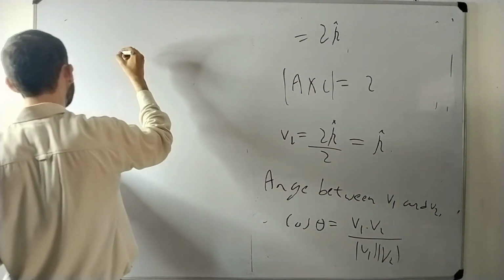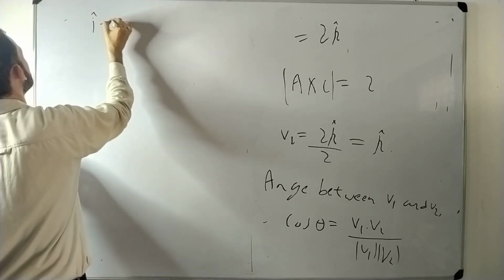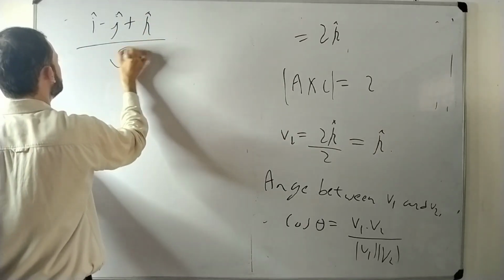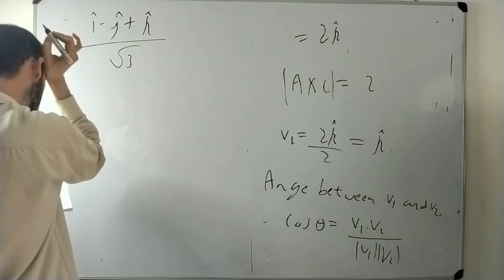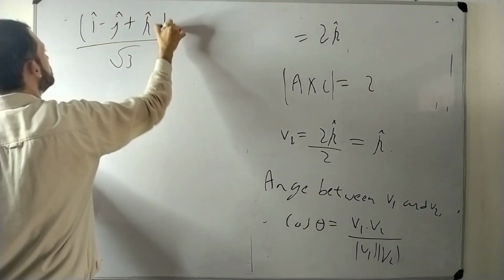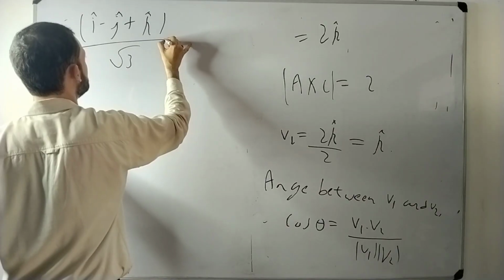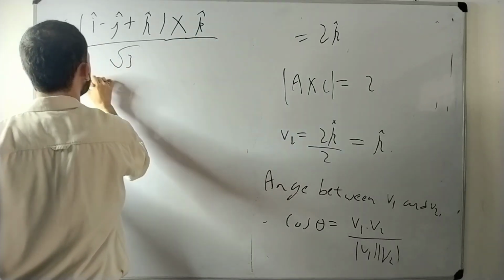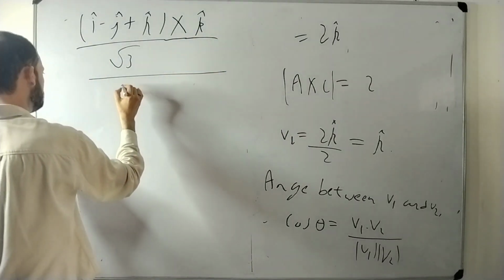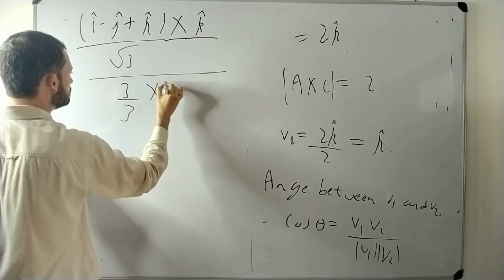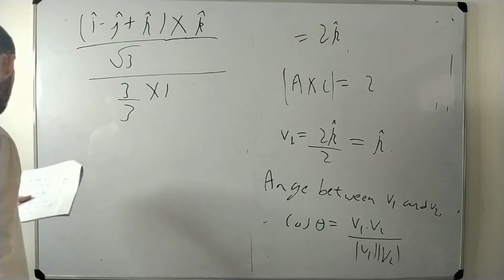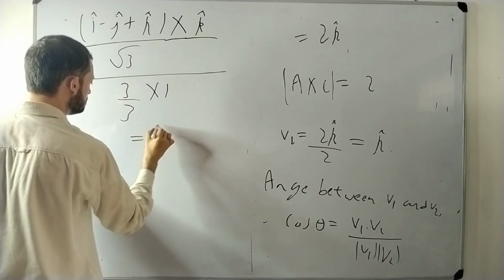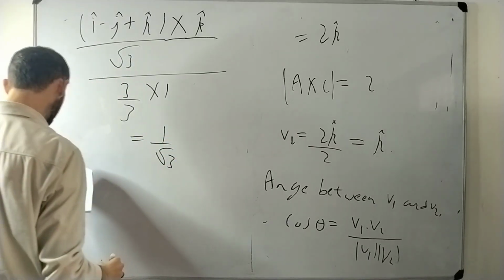So this came out to be, students, I minus J plus K cap under root 3, and the second thing is, yes, K cap, and this is the modulus value of these things, 3 by 3, 1, and this comes out to be 1 by root 3. Right, students? Yes, sir.